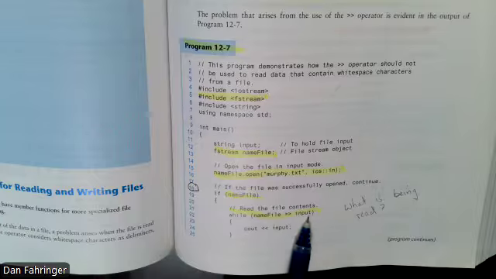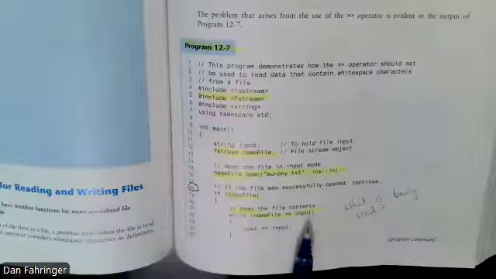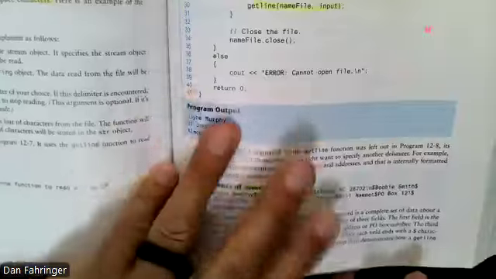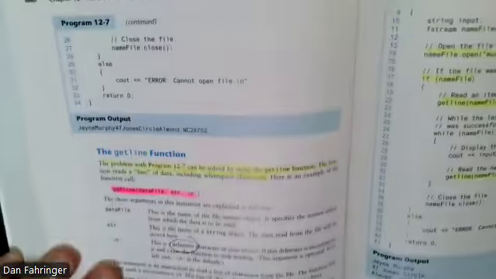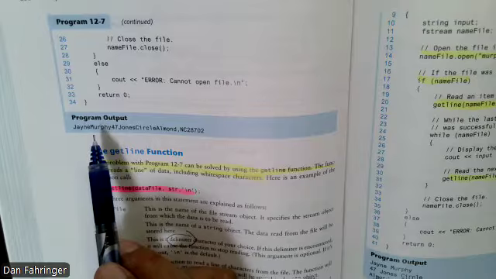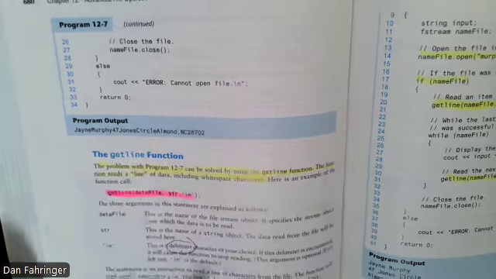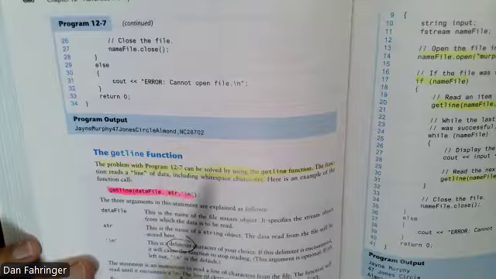What is going to be stored in input? The contents of the first line, or the first, until the first space. Yes, it's going to read it until the first space. So we may need to be careful and include that slash n delimiter so that it reads the whole line.